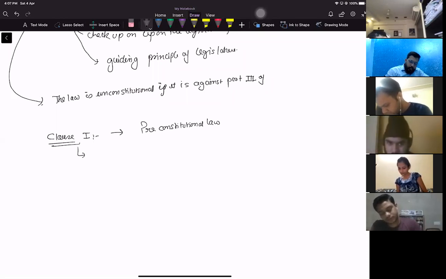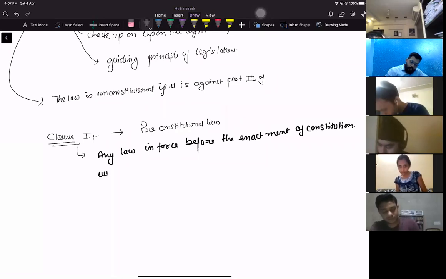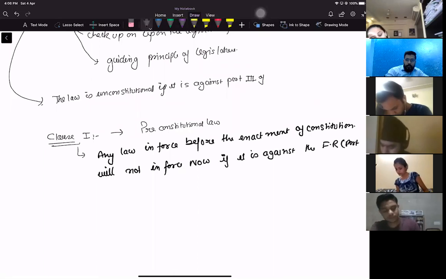So Article 13 is saying, suppose any law in force before the enactment of the Constitution will not be in force now if it is against the FR, that is Part 3.